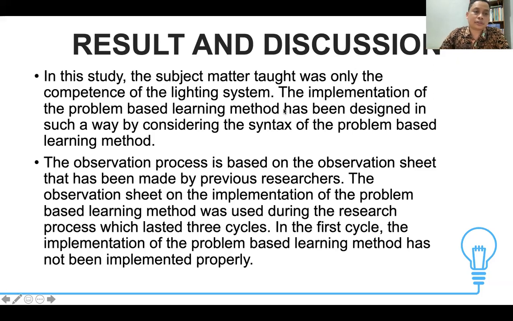Results and discussion. In the study, the subject was only the competence of the electrical system. The implementation of the problem-based learning method was assessed based on the syntax of the problem-based learning method.